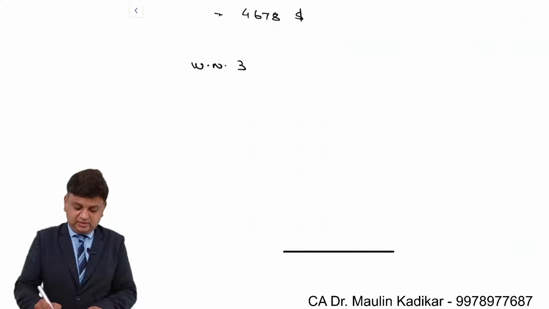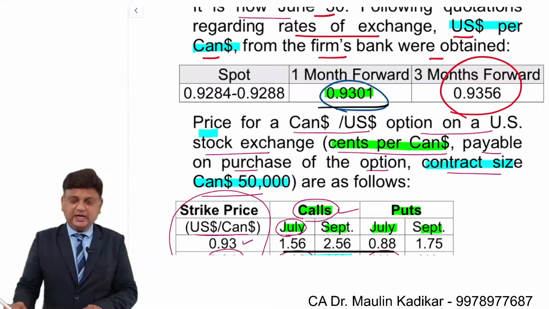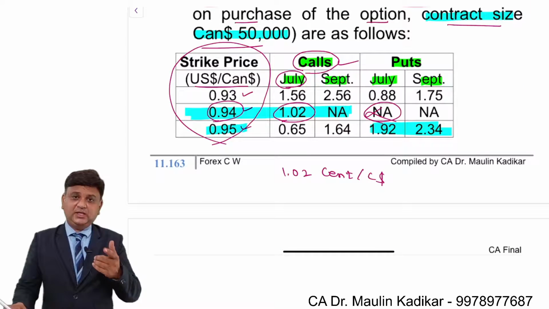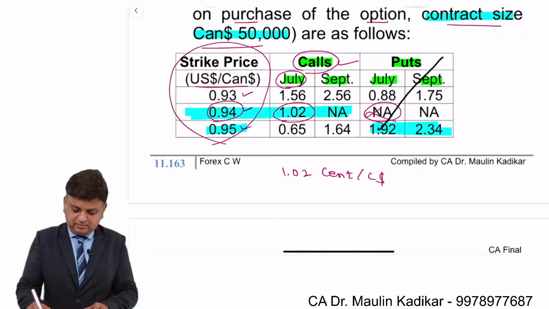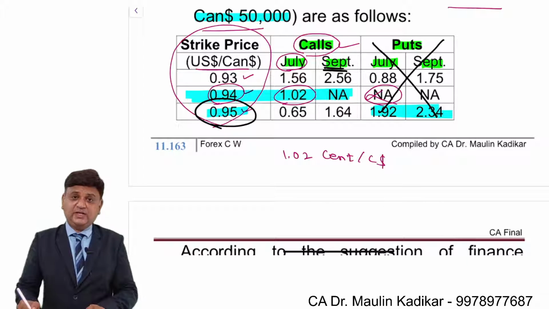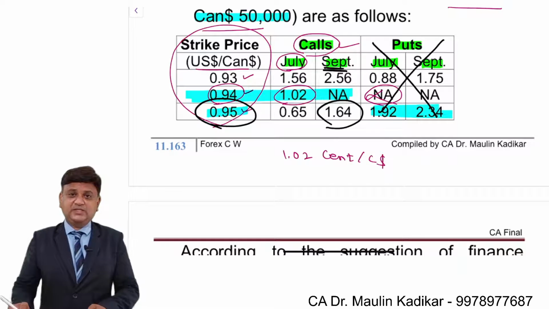Working note number 3. Calculation of call premium. Again friends, we have to enter into the call option only, and the call premium. So you have to focus again in the call option column, not on the put option column. For September, we can see that the exercise price is 0.95 and for that the premium amount is 1.64 cent.